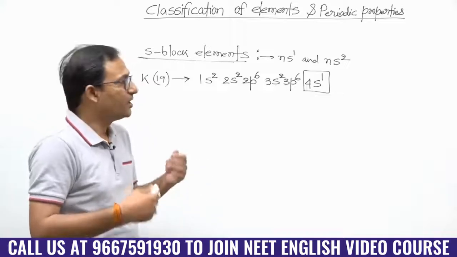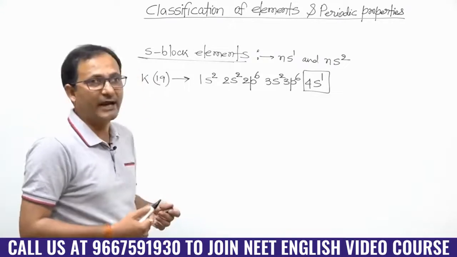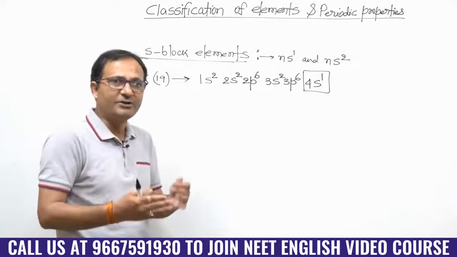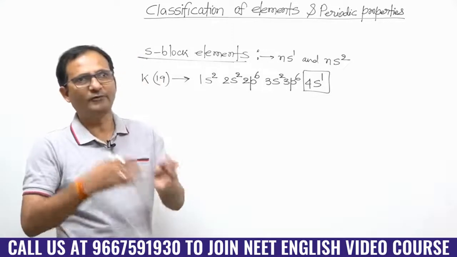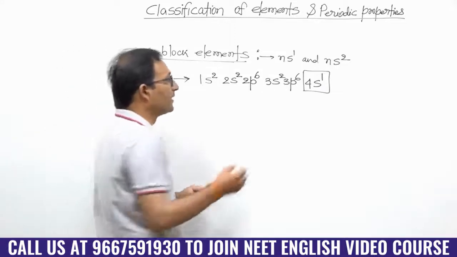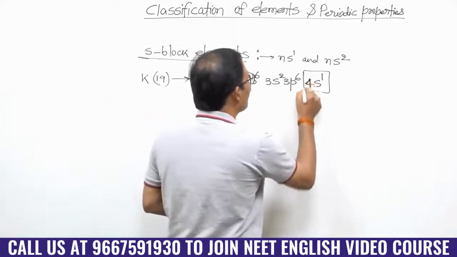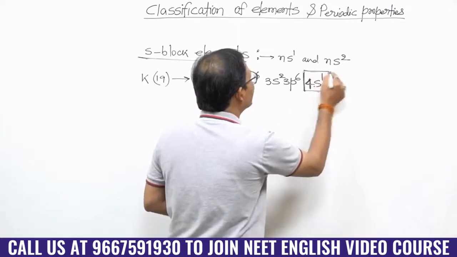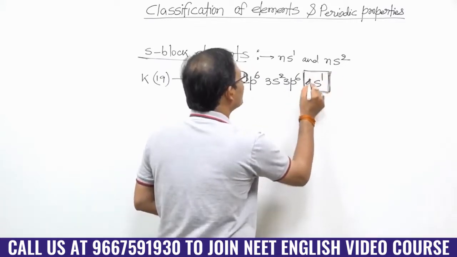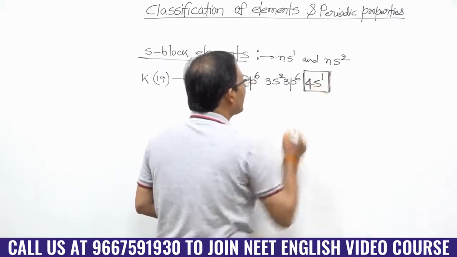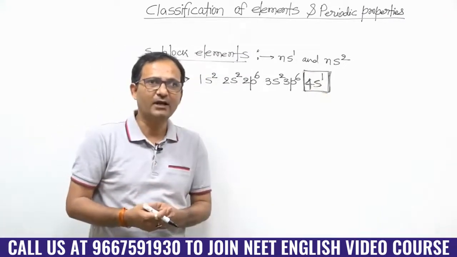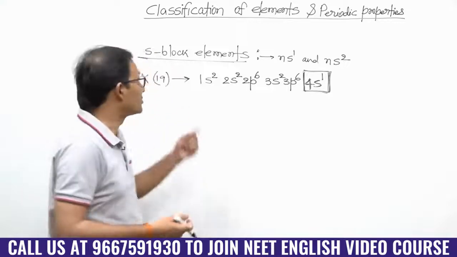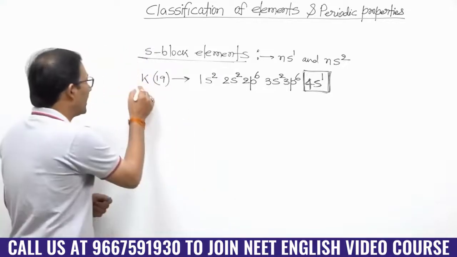And since it is an s block element, its group number will be equal to its number of valence electrons. Here the outermost shell is 4 and in its outermost shell there is only one electron, therefore its valence electron is 1 and its group number is 1.